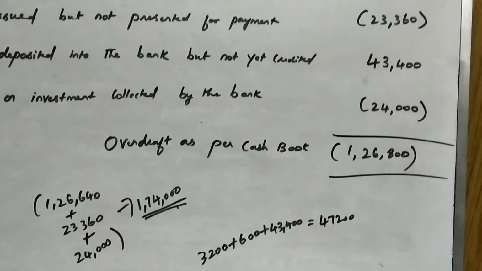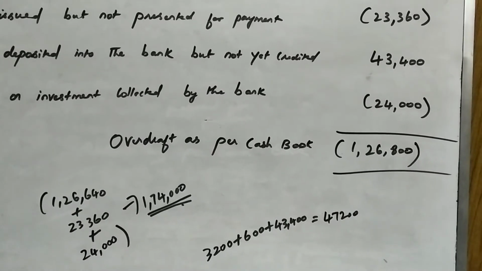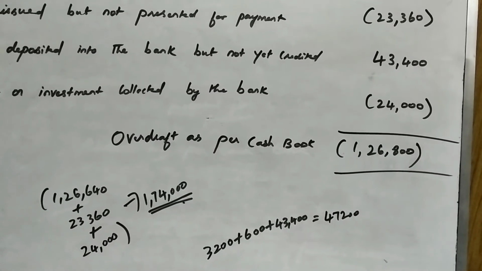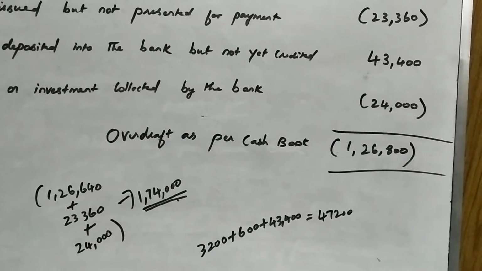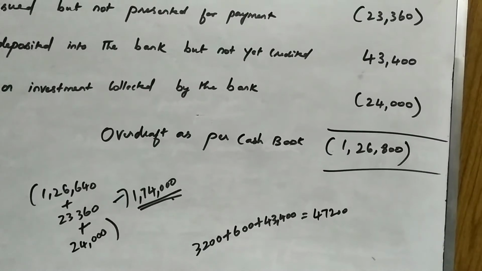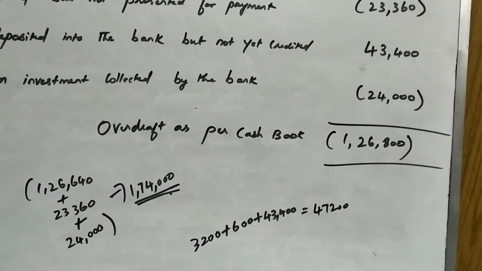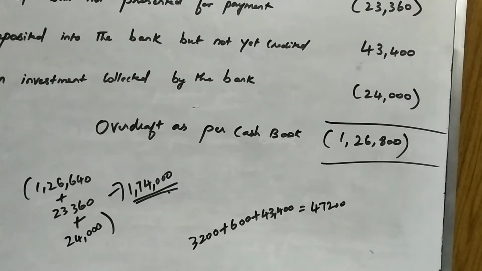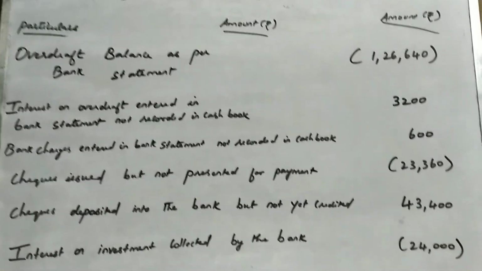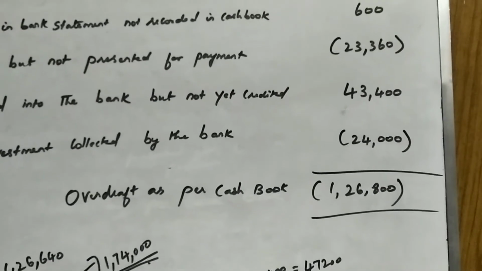The total negative balance, which is unfavorable, is 1,74,000. Favorable balance is only 47,200. The difference of 1,26,800 is unfavorable. That's why we are putting that within the bracket. So it is overdraft as per cash book. We started with overdraft balance as per bank statement and we are ending with the overdraft as per cash book.